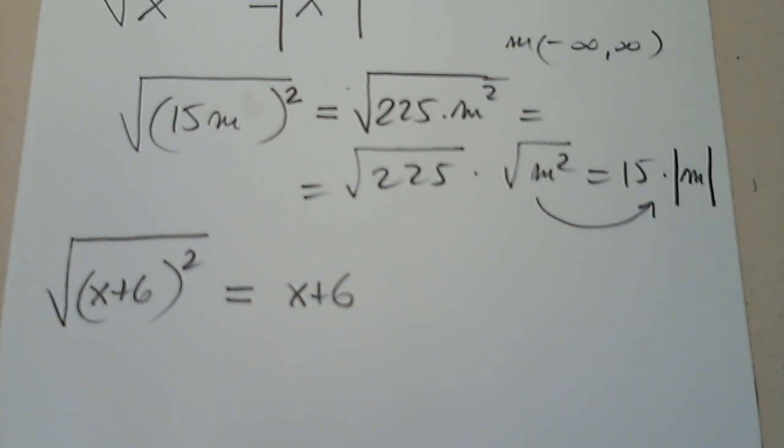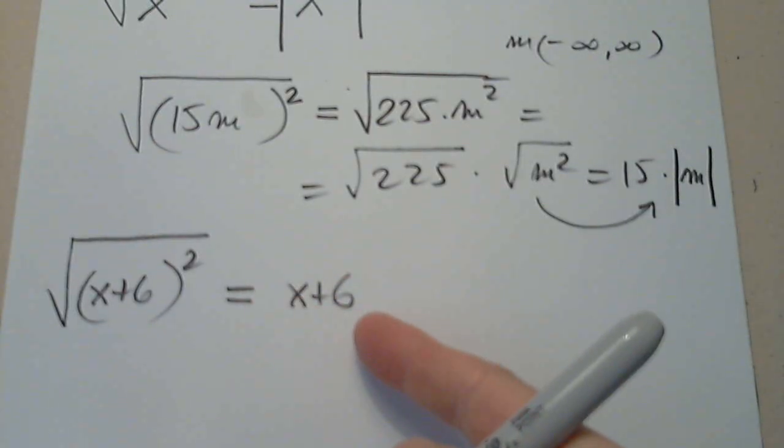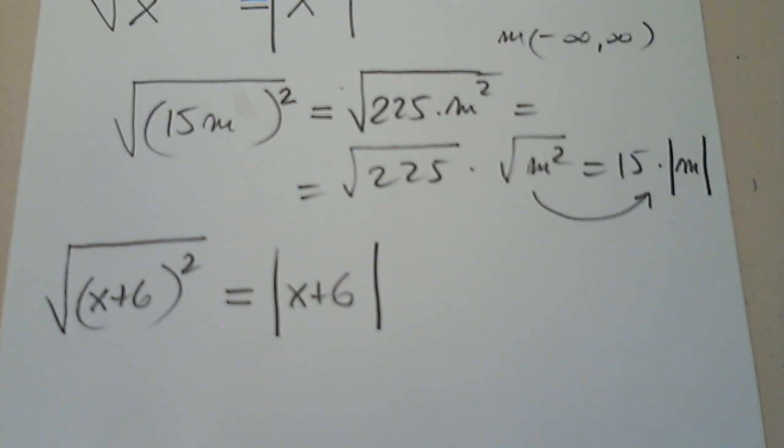No. It does, because if x is negative 10, I'm stuck with a negative number. So if the answer could be negative, then it definitely needs an absolute value. If the answer can never be negative, then it doesn't need the absolute value.